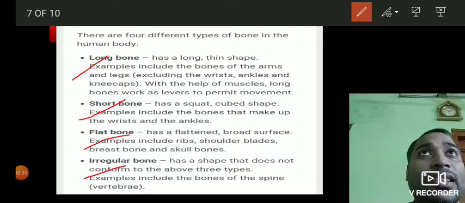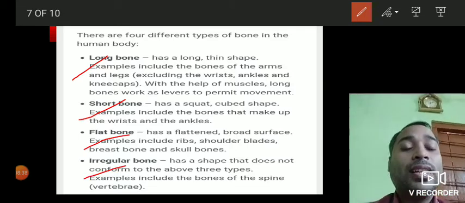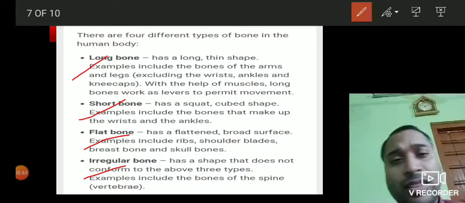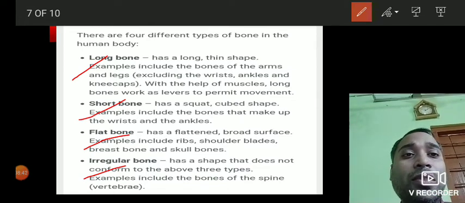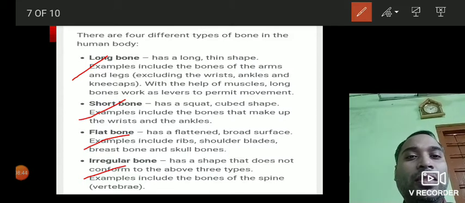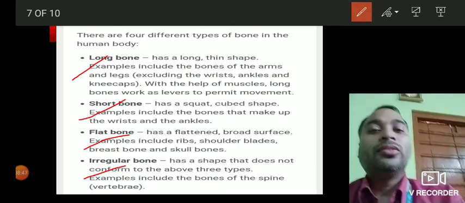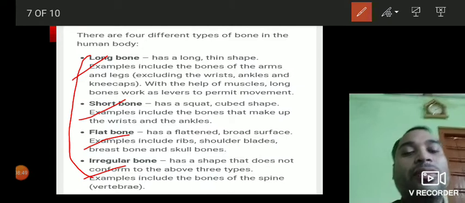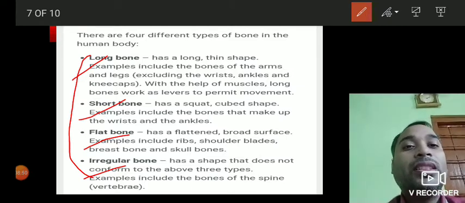Sometimes sesamoid is also included as a type, but mainly there are four types present in the human body.